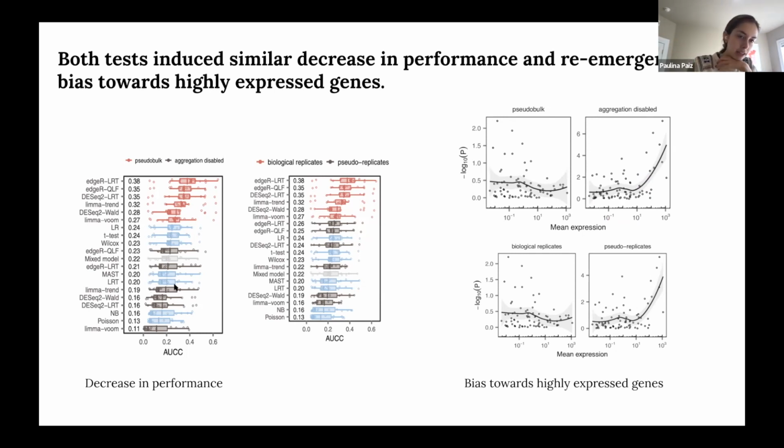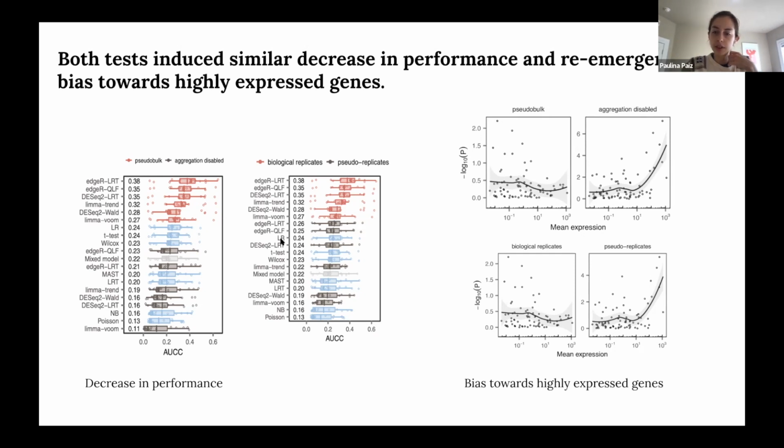So on the right, I put the charts that show this decrease in performance, and in gray you can see the same pseudobulk methods, but with the modification they did: either aggregation disabled, or the pseudo replicates, which preserved the aggregation but did not preserve information about biological variance.